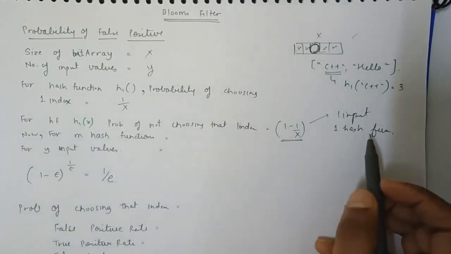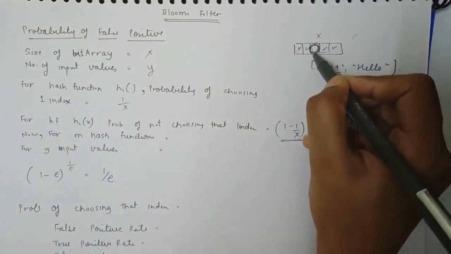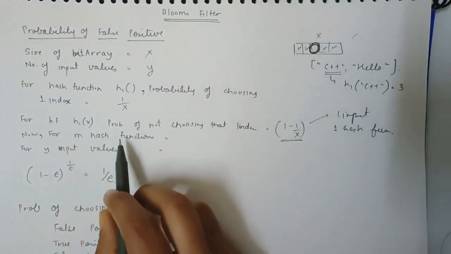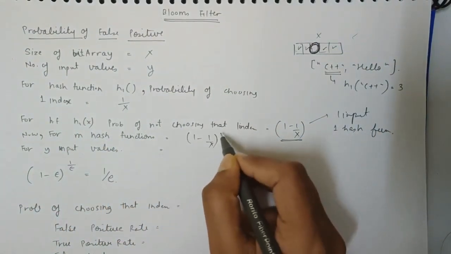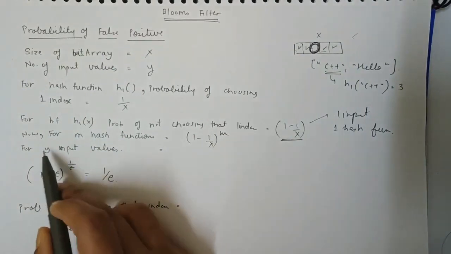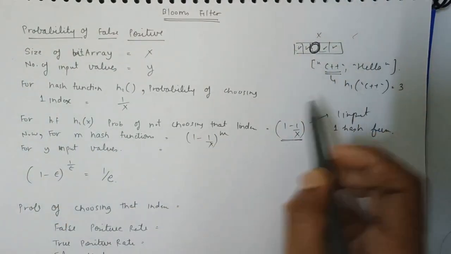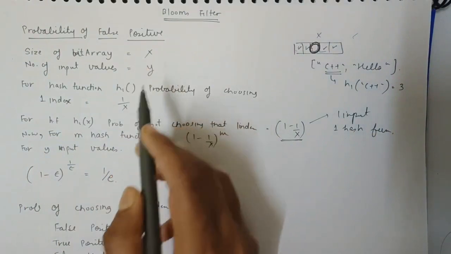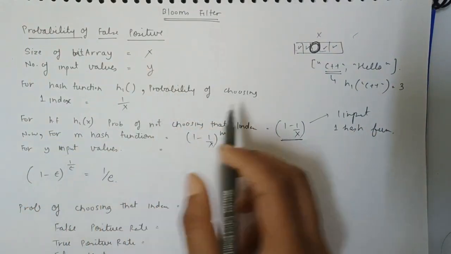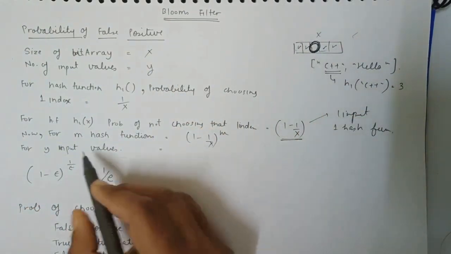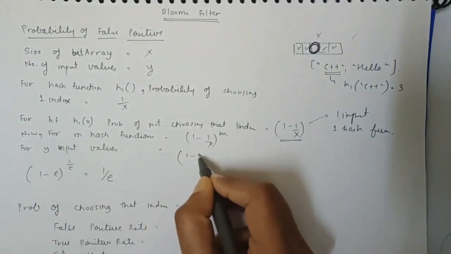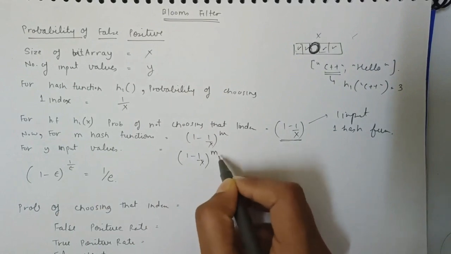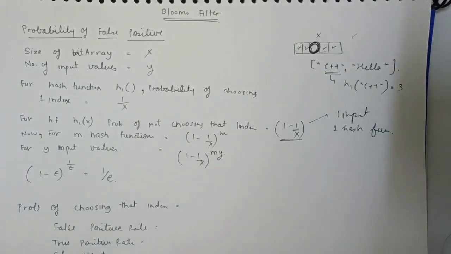What would be the value of not choosing any particular index for m hash functions? That would be (1 minus 1 by x) raised to the power m. For y inputs, what would be the value of not choosing that index for m hash functions and y inputs? That would be (1 minus 1 by x) raised to the power m into y.